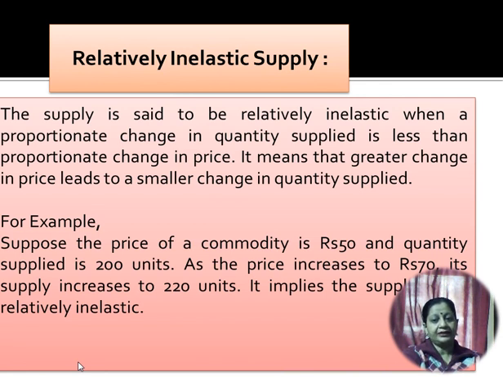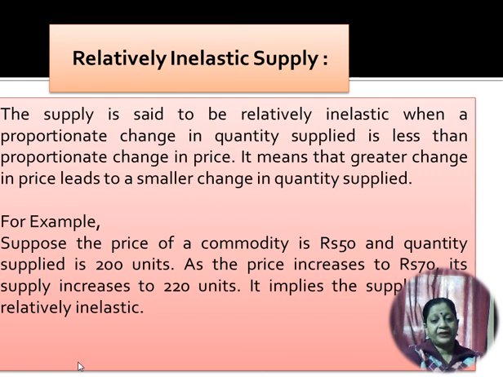It means the greater change in price leads to a smaller change in quantity supplied, where the ratio of price is higher and the ratio of quantity supplied is lower. That situation we call relatively inelastic supply.